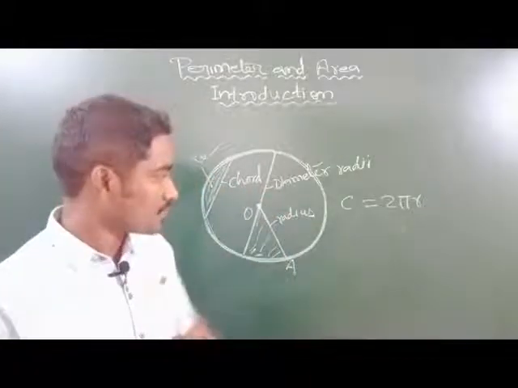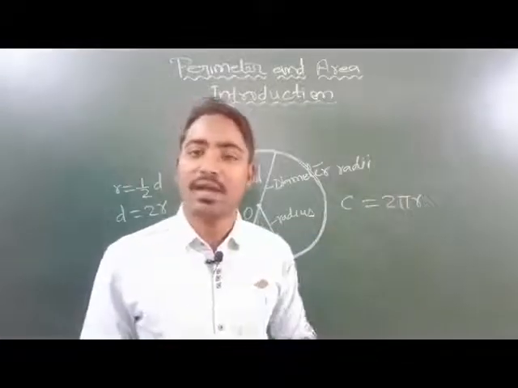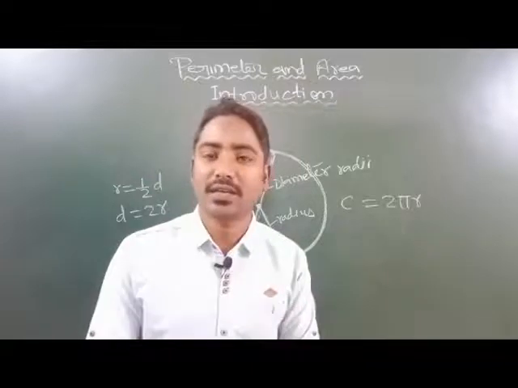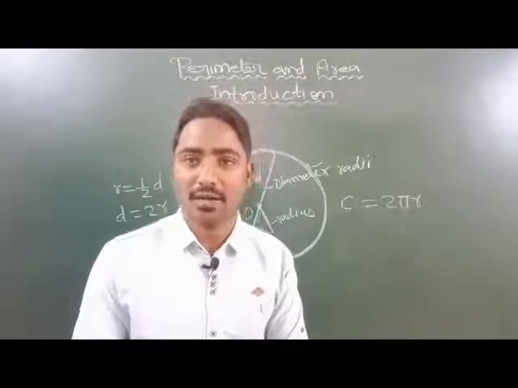Then put the value of r and do the calculation, and you will get the circumference or perimeter of that circle.